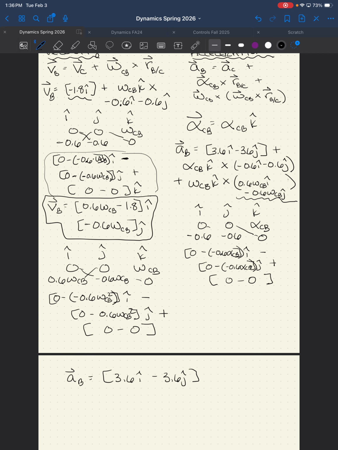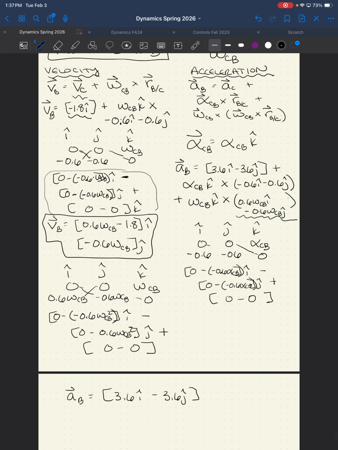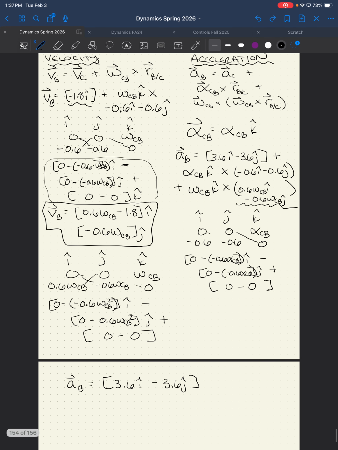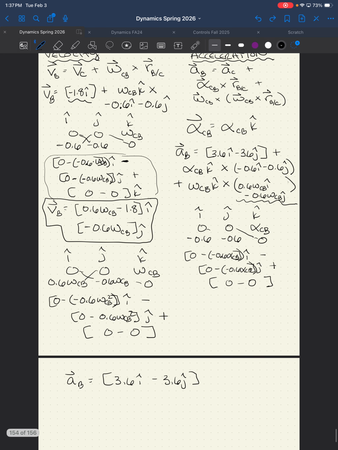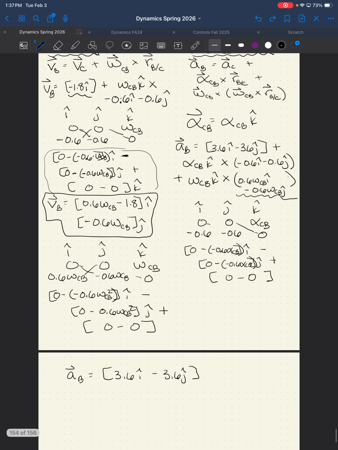Relate A to B. Okay, so we'll have the velocity of B equals the velocity of A plus omega AB cross R B/A.